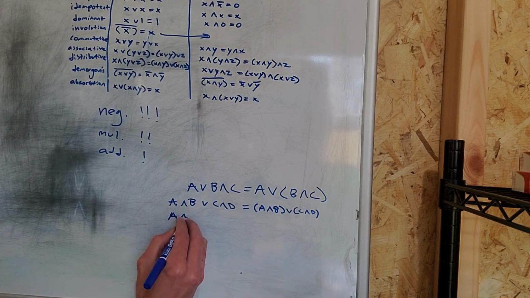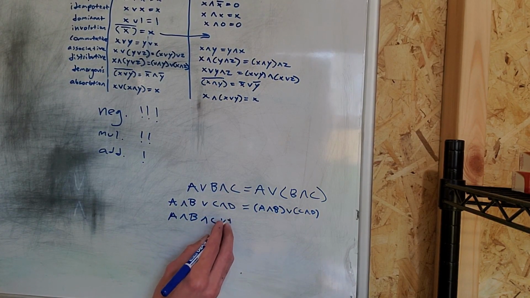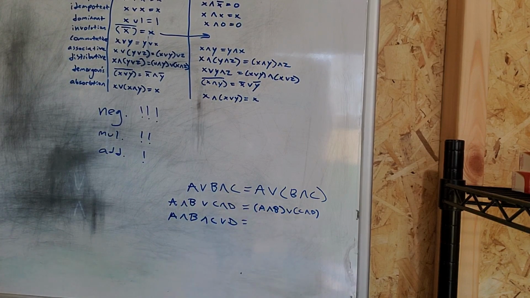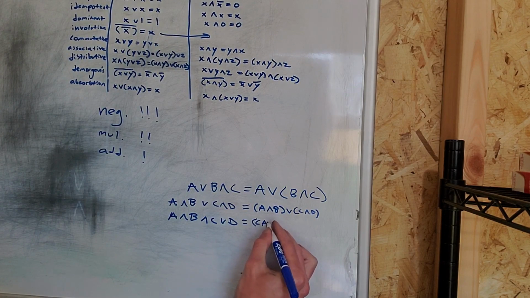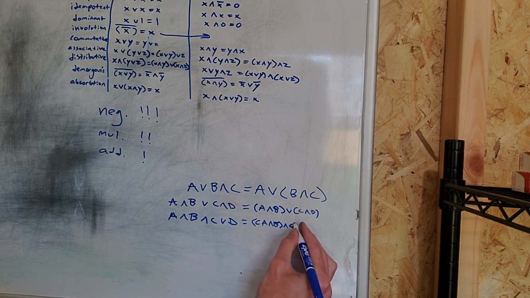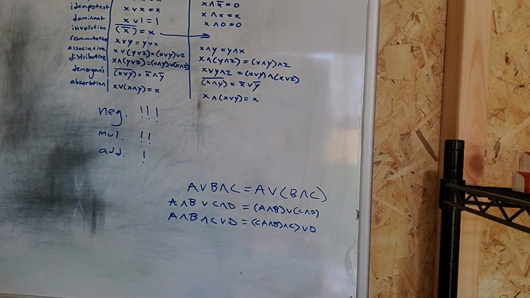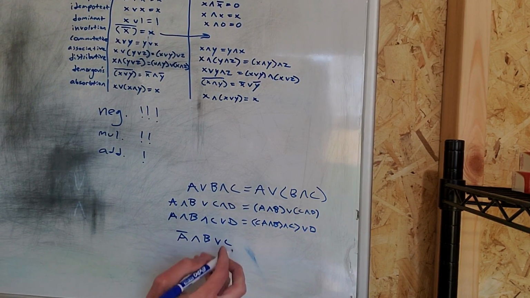Now, what if we had multiple AND operators? What if we had A and B and C or D? This would be equivalent to double parentheses A and B, and C, or D. So in terms of negation, let's say we have not A and B, or C. And this one really just encompasses all of these orders.